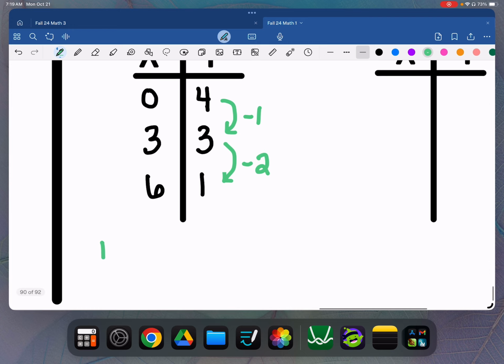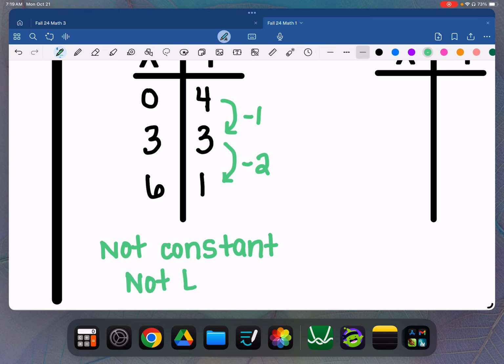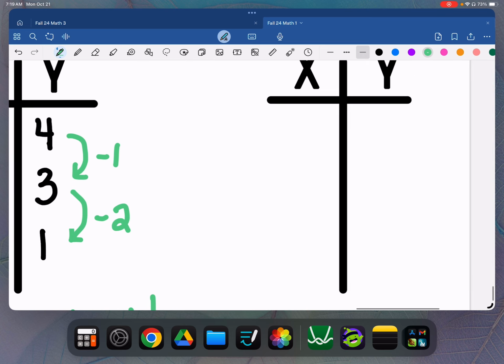So this is not constant, so it's not linear. Remember, linear functions have to be constant in their change.